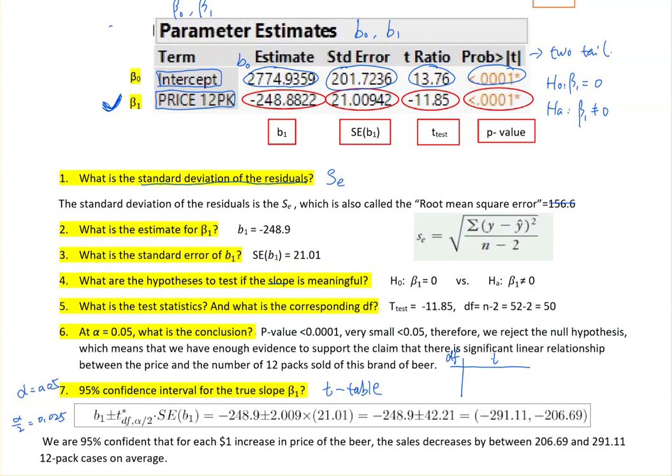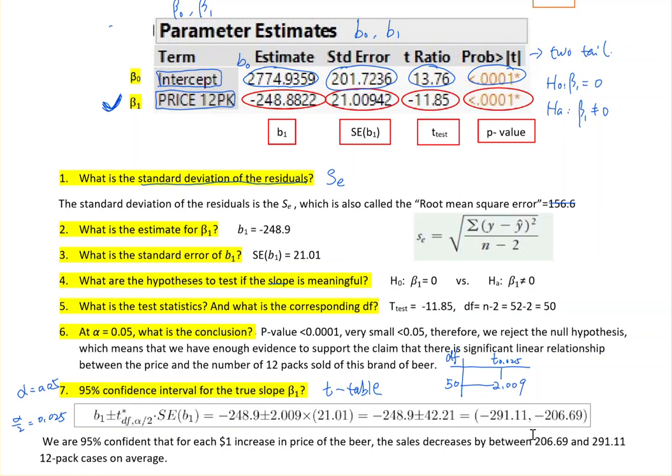So you need to find T of 0.025 and combine with the degree of freedom, which is 50. And then you will find that the T star is 2.009. All right, okay, so 2.009 T star times the standard error of B1, which is 21.01.